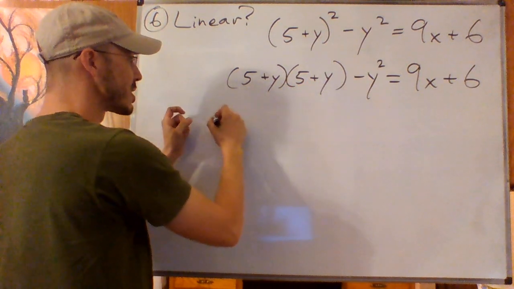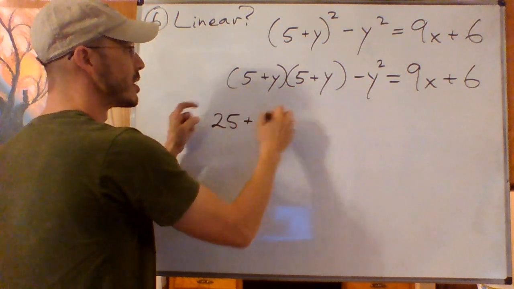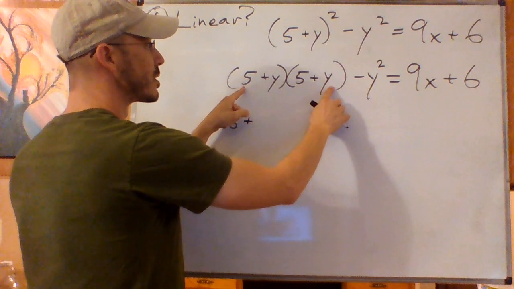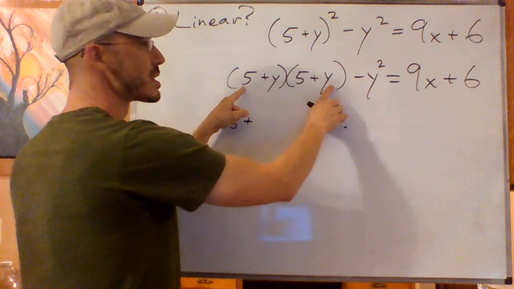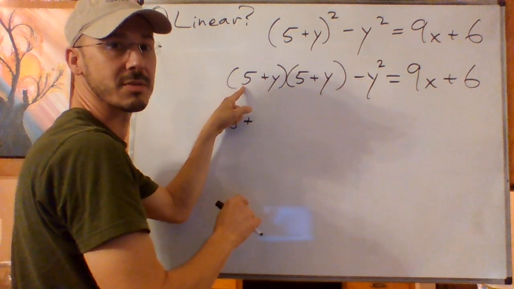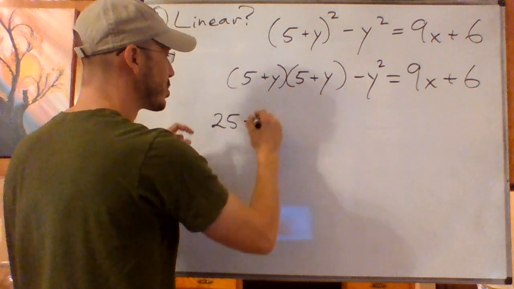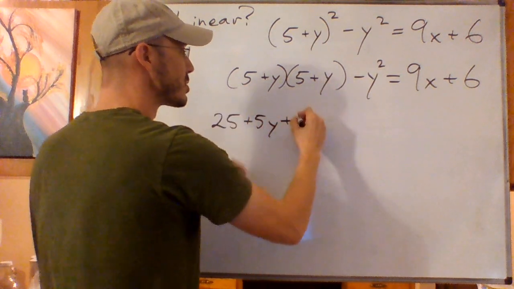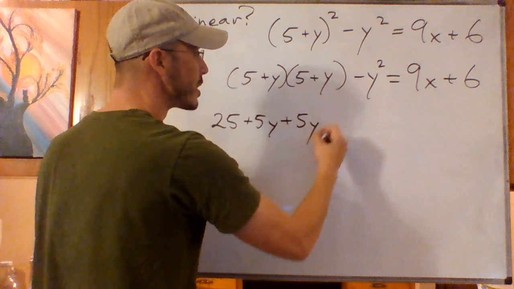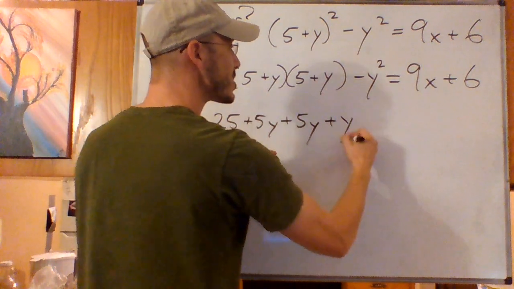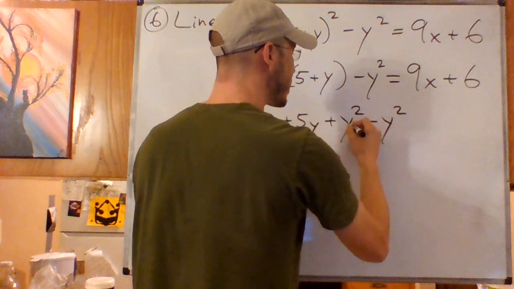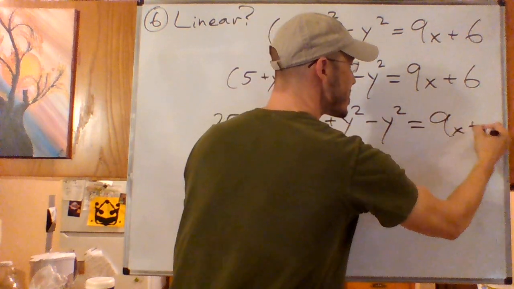The first gives me 25. The outers give me plus 5y. The inners give me another, y times 5 is 5y. And then the lasts give me y squared minus y squared equals 9x plus 6.